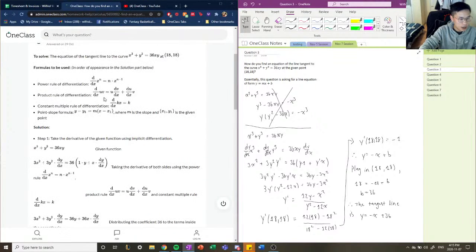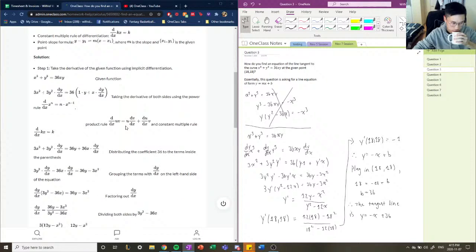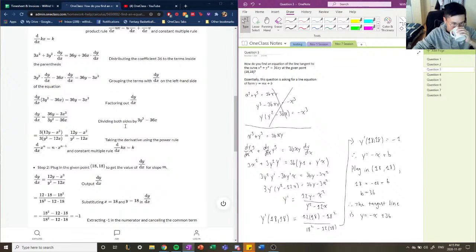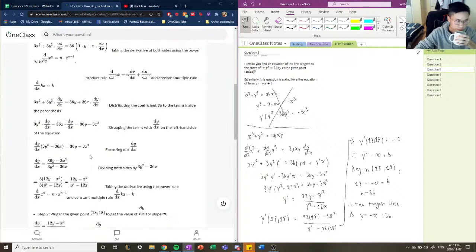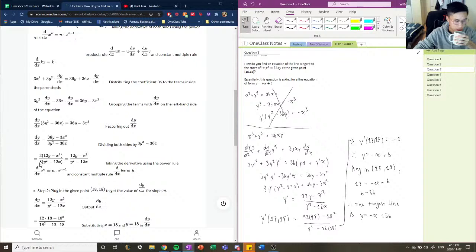All right, so they also use implicit differentiation, and they also described the power rule, the product rule, and the point-slope form. They implicitly differentiated and came to our y prime, which equals this.